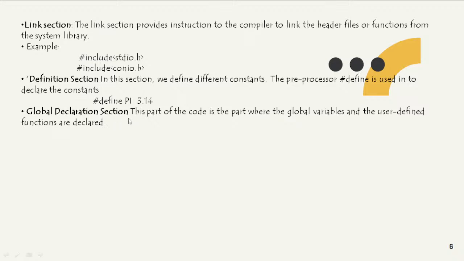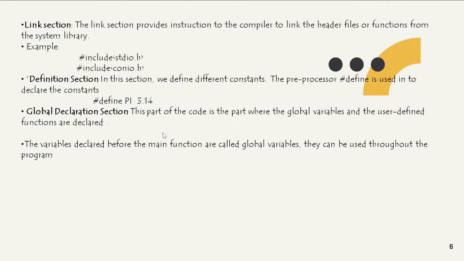So we can declare the functions, that is the user defined functions, in this section. The variables declared before the main function, which can be used throughout the program, are said to be global variables. And we can declare the functions like this.